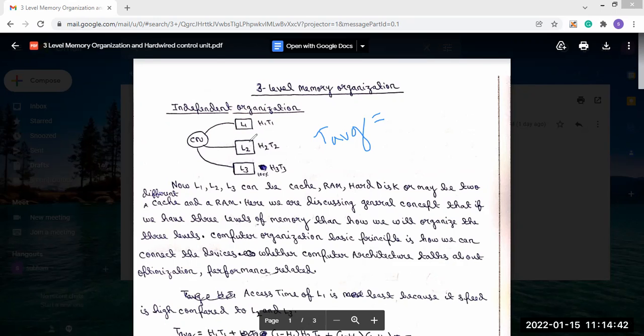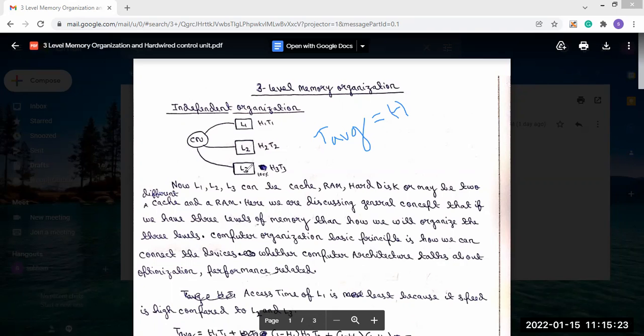Let's say the data we are searching for is present in L1. Then what will the hit ratio be? Why are we always considering L1? We consider it a hit if the data is present in the L1 device, because we know that L3 should contain all the data, since it has the maximum storage.